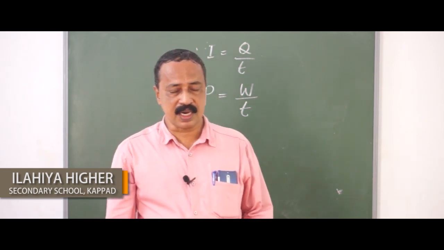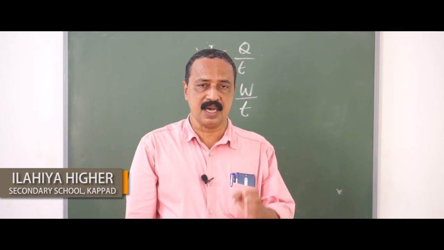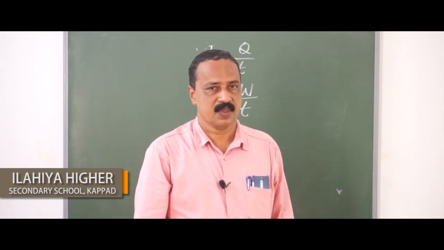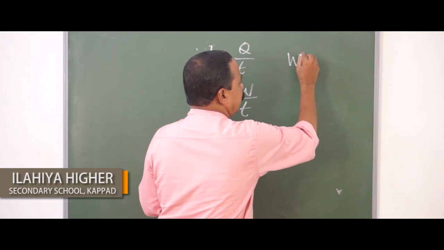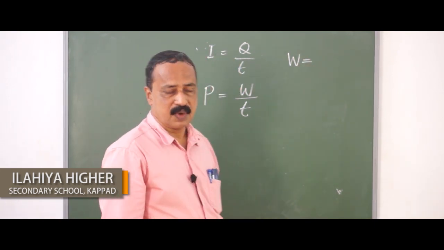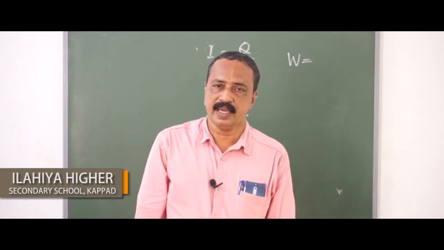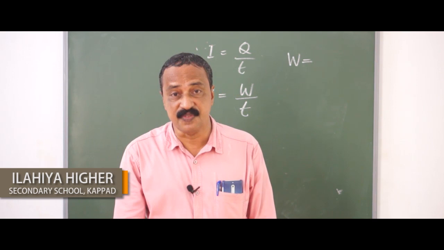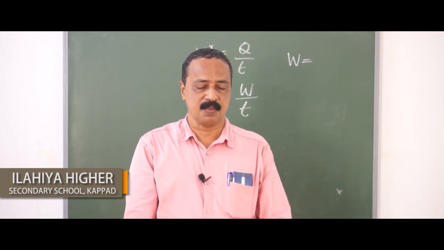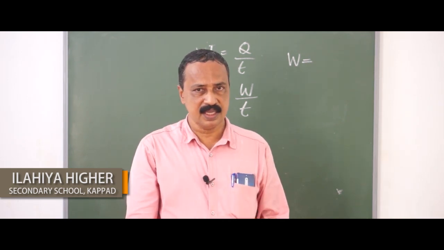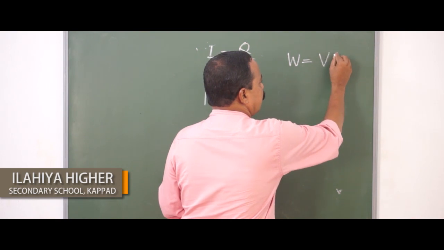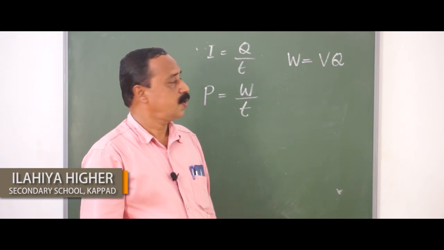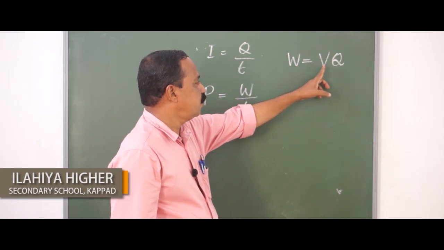W is the work done to move a charge of Q coulomb from one point to another point in a potential difference V. The charge is Q, the potential difference is V. So work done W equals V into Q.